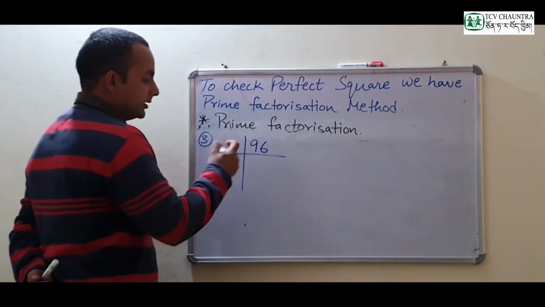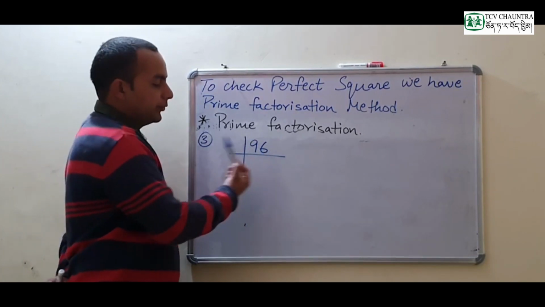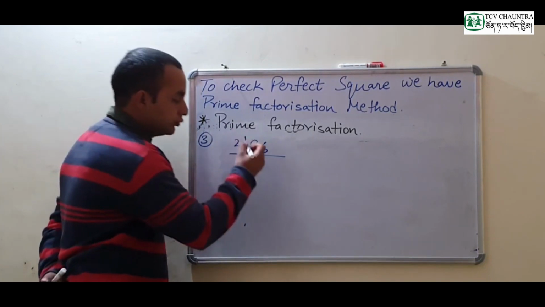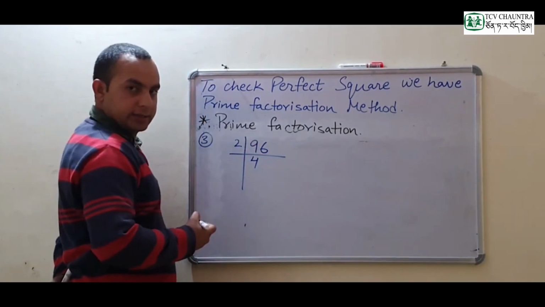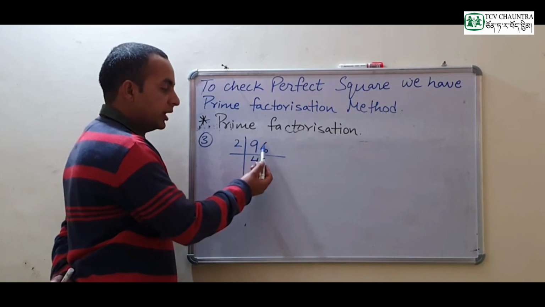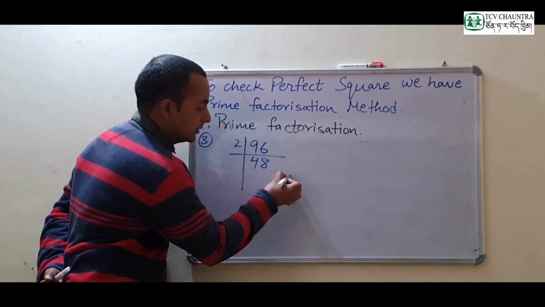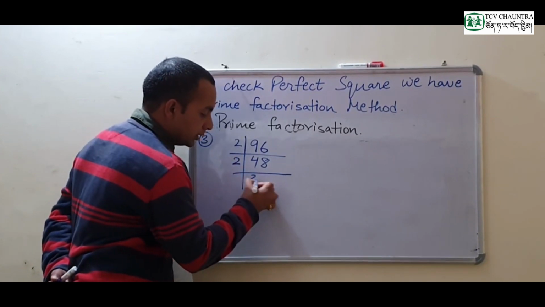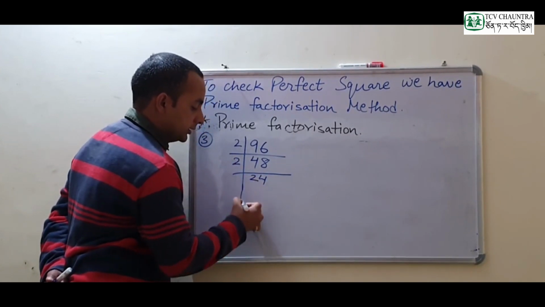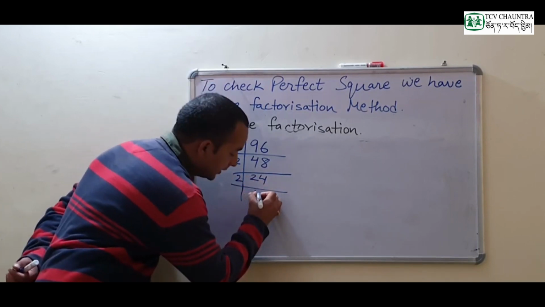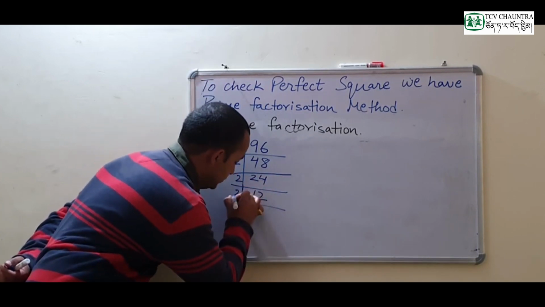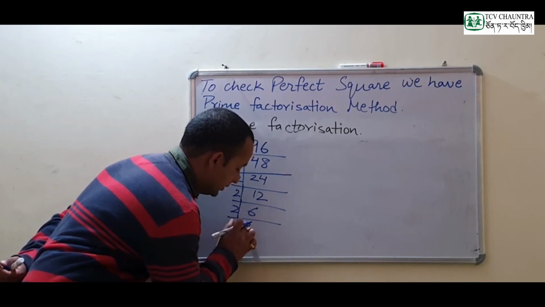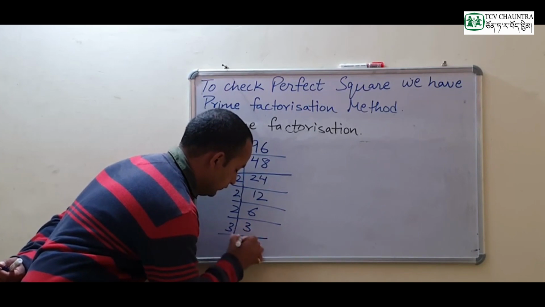Okay, so 96, the unit place is 6, so we will do it with 2, right? So 2 4s are 8, 1 left, 2 8s are 16. 2 2s are 4, 2 4s are 8, 2 6s are 12, 2 3s are 6 and 3 1s are 3.